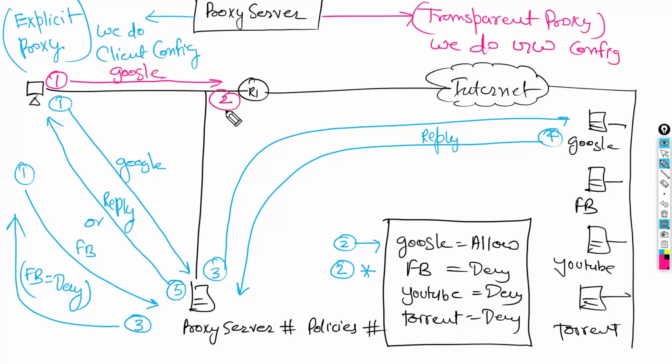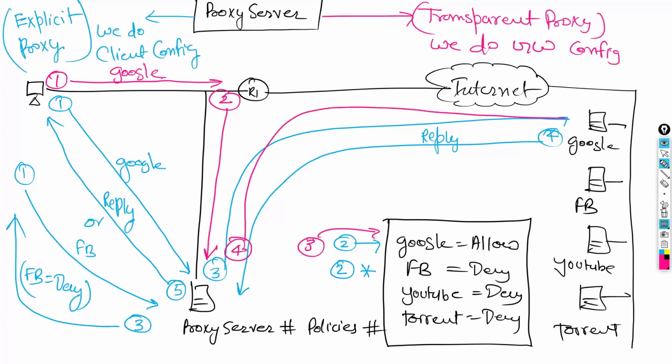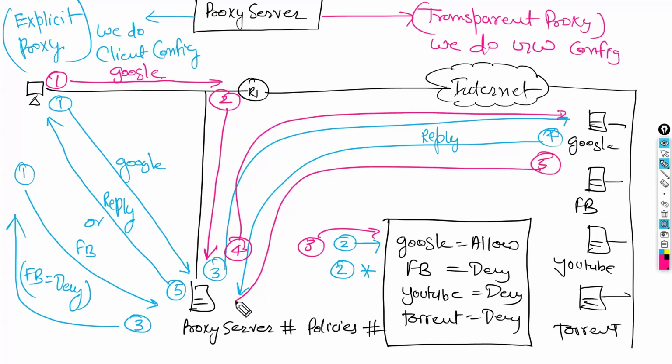Now this router will send request to proxy server. Proxy server will see, okay, Google is allow. Now fourth step, proxy will send request to Google. Google will give reply to proxy, and proxy will give reply to client.